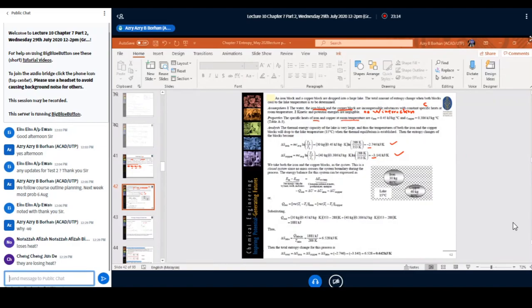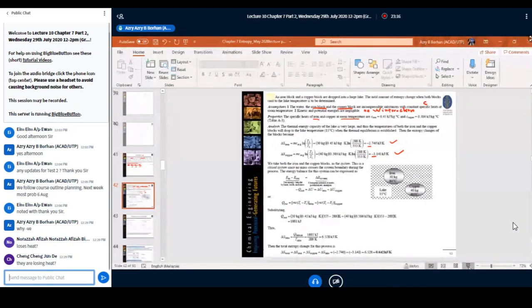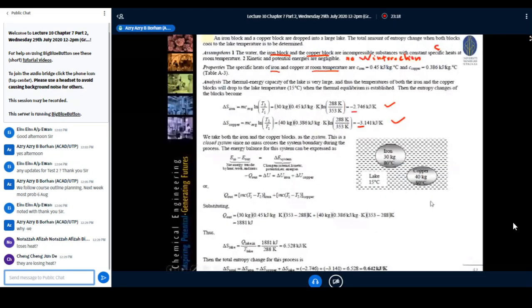Yeah, that's correct. So now, as you can see here, when a system is losing heat, the entropy value also will become negative to show that the direction of the energy flow is from the iron and copper into the lake, right? So that means you have Q out for both.